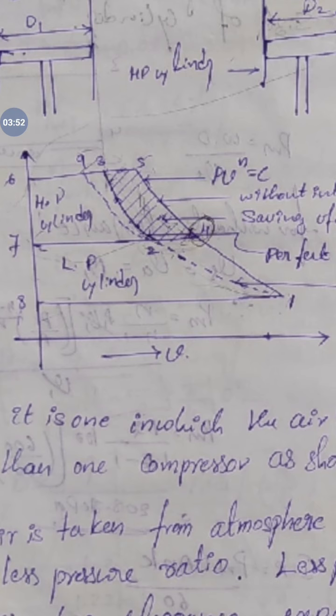The hatched area is the amount of work that we save, which the compressor would otherwise require to compress the air. By cooling, that hatched area can be eliminated. This is how we reduce the work required to compress the air.